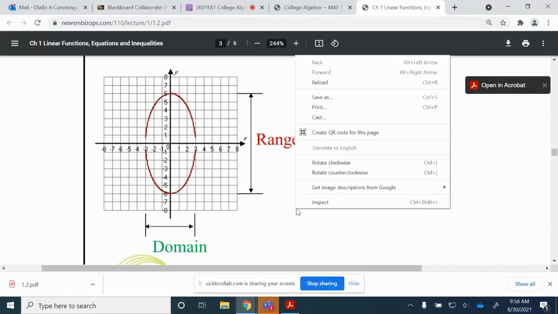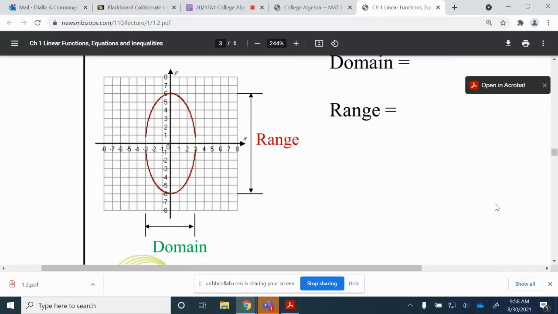And I can't actually write that. Well, I can actually write on here. I'll write it on the document camera. All right, next we're looking for the range. All right, so notice this vertical stretch on the y-axis. These are all of the y values that our graph takes on. These are our range values.